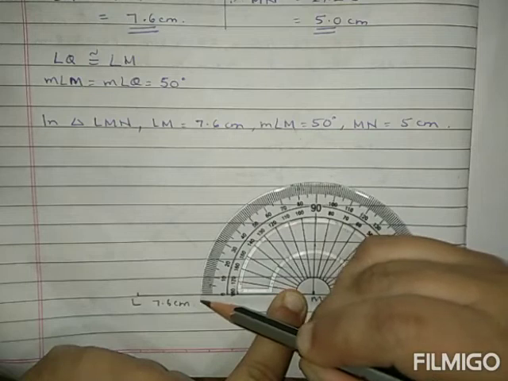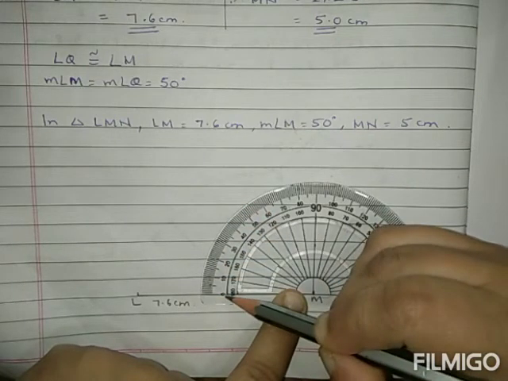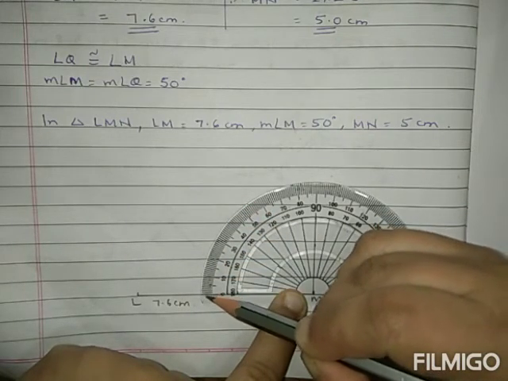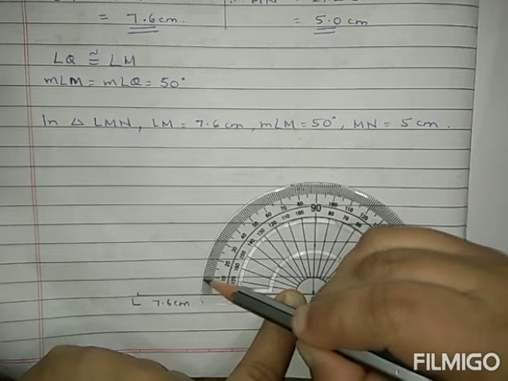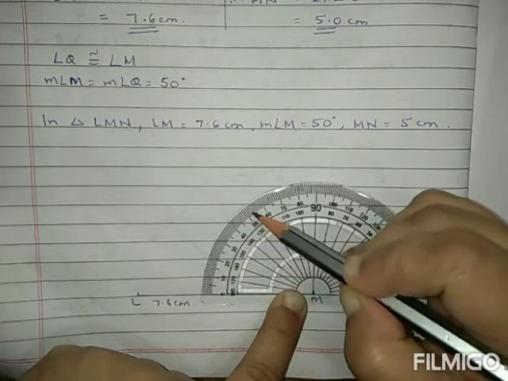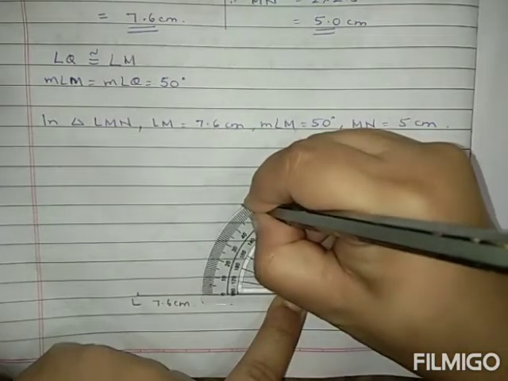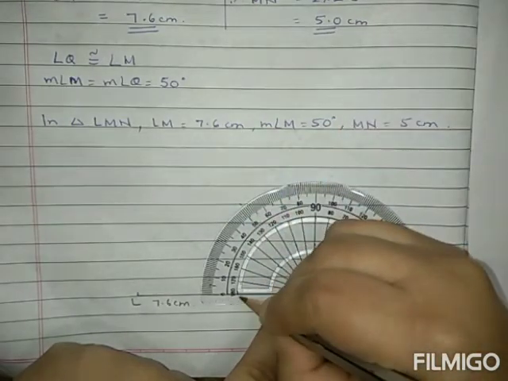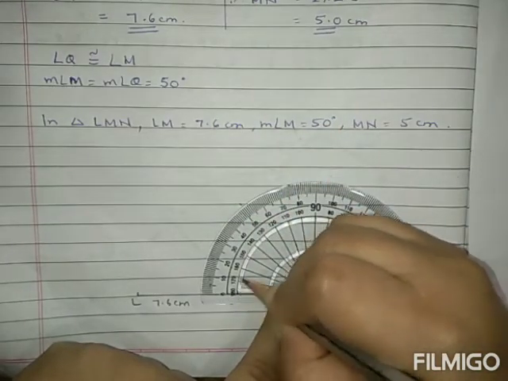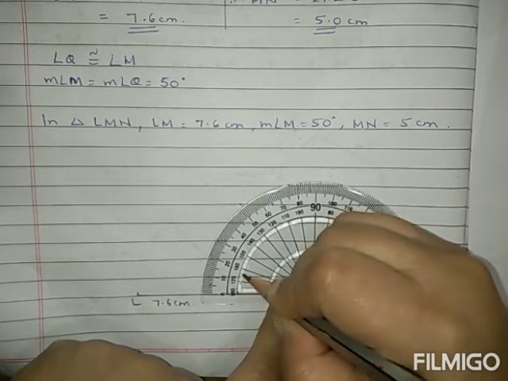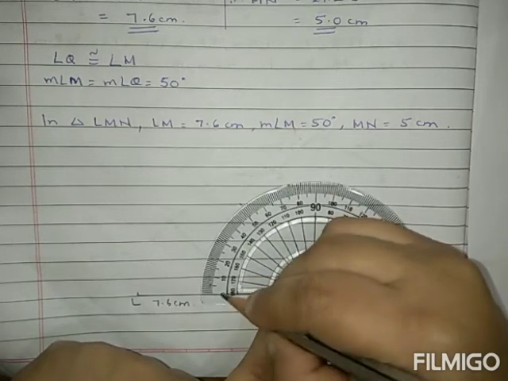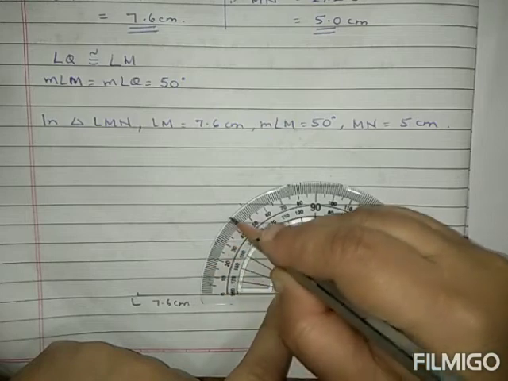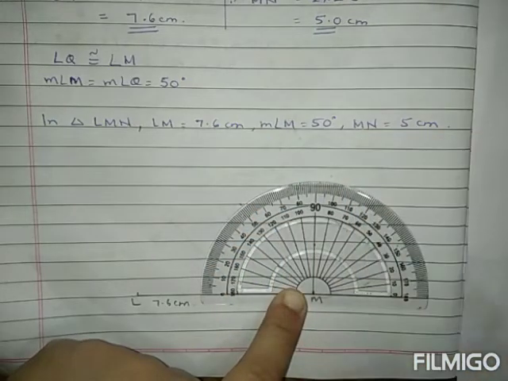If the ray is on the left hand side, you will choose this upper scale with 0, that is 0, 10, 20, 30, 40, 50. As you can see, there are two scales here, one beginning with 180, 170, 160. We are not going to choose that scale. We will start with the 0, which corresponds here and ends here at 50 degrees.